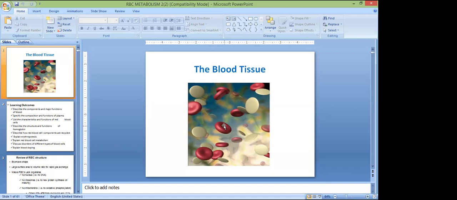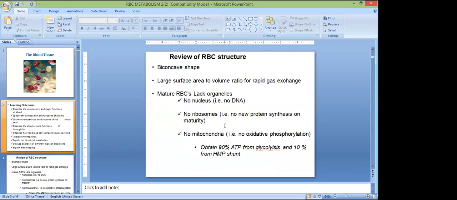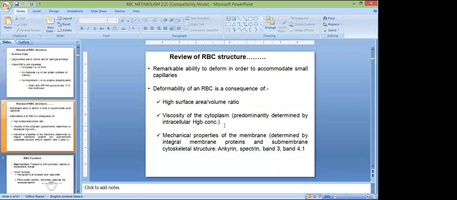So that's the unique ability of RBC. It's the membrane that is able to adapt. We'll cover this more when we're looking at sickle cell disease and all that.